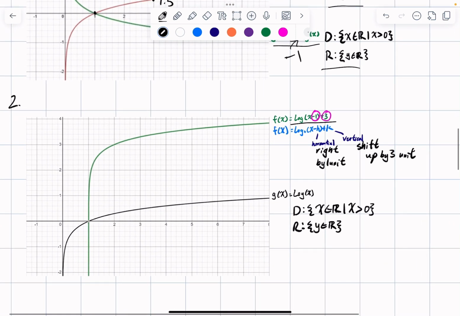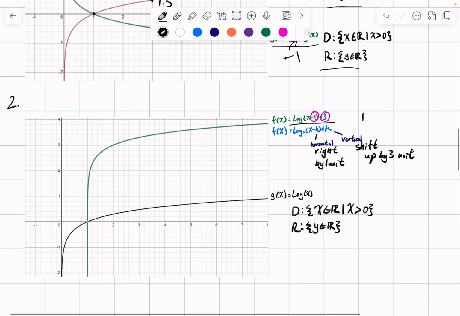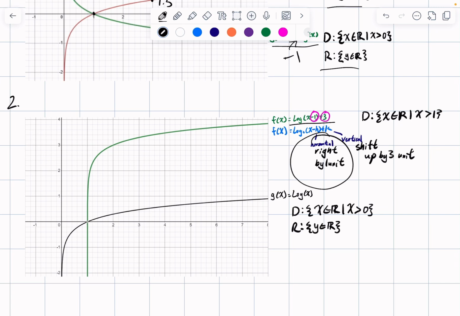But looking at our new function over here, our domain is x equal to the real numbers, but x must be bigger than 1. Because there is a horizontal shift right, which shifted the vertical asymptote.